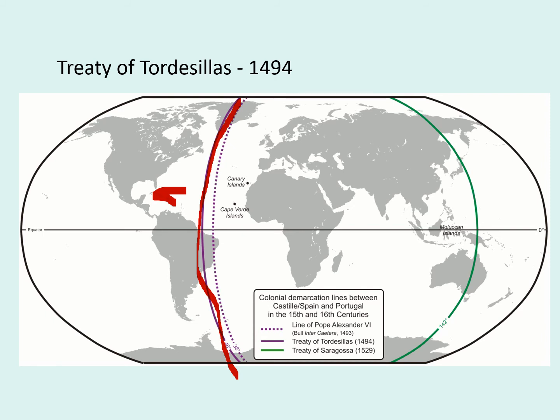Everything to the east of the line went to Portugal. Everything to the west to Spain. Now again, nobody knows who's got what yet. They don't know most of this stuff is here yet. But as you can see, ultimately, Spain is going to get the bigger chunk, vastly bigger chunk of this unexplored New World.